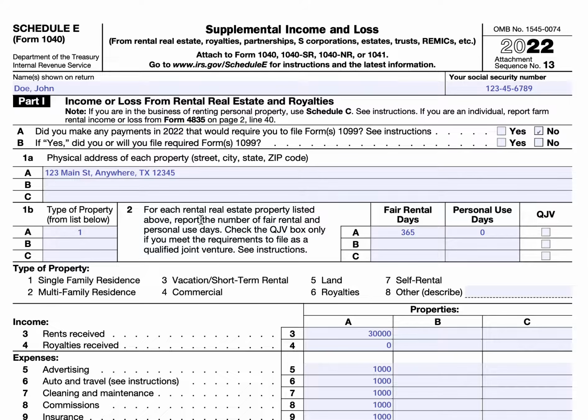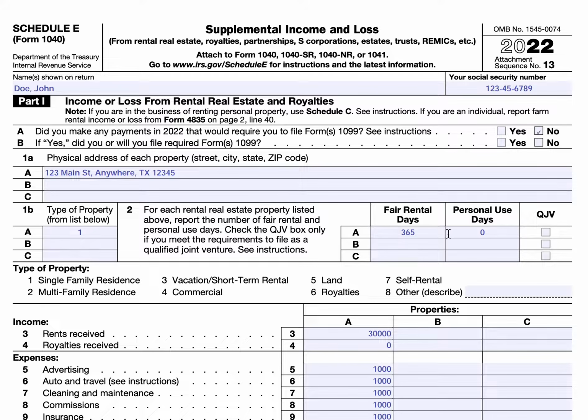So it's pretty straightforward. One is for single family residence, but if you're renting, say, a vacation house, that would be 3, for example. So if you are renting to yourself as a business owner, like you own a property and then you're renting it to a business that you own, that is what you would report in 7.